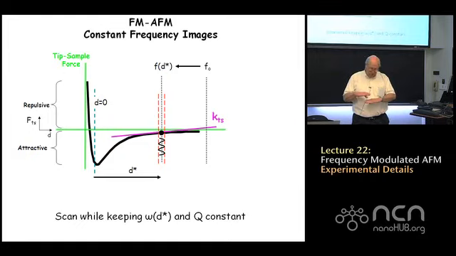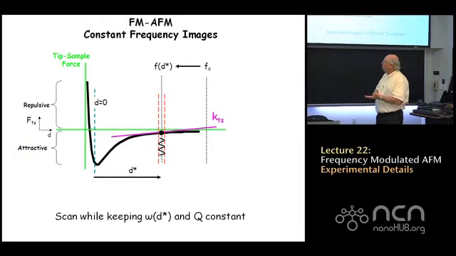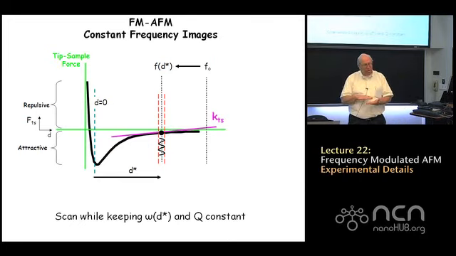And what you do is adjust the position of the substrate with respect to the tip to keep the resonant frequency of the tuning fork fixed. Right? So these are referred to as constant frequency images, and the feedback parameter is the frequency of the tuning fork.